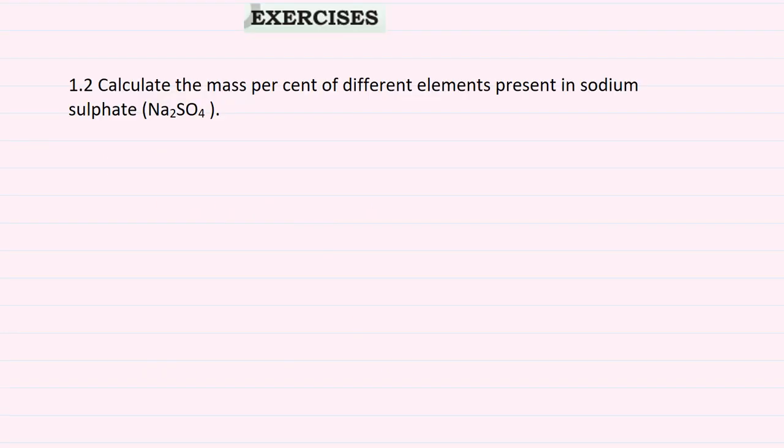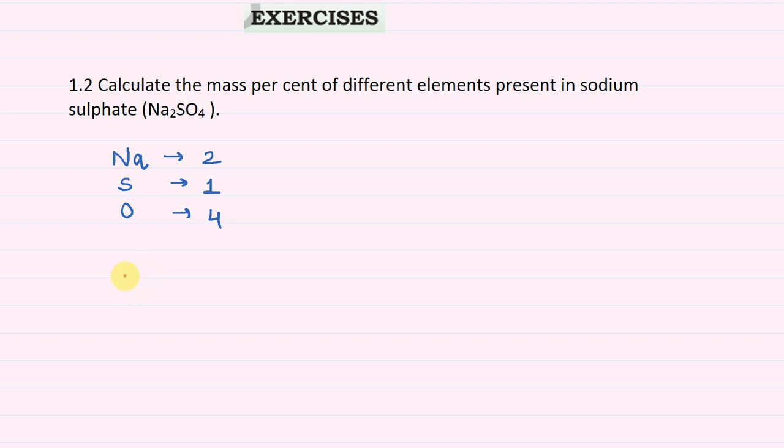Now coming to the exercise question, here we are asked to calculate the mass percent of different elements that are present in sodium sulfate. We are given the formula as Na2SO4. We have 2 sodium atoms, 1 sulfur atom and 4 oxygen atoms. Here we don't have any solute and solvent, but we have to calculate the mass percent of each element present in sodium sulfate.